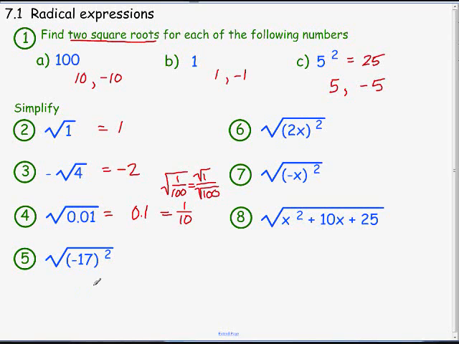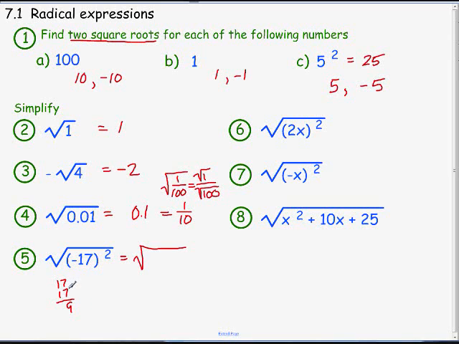Now, this is an interesting one. Ordinarily, what do we say here? We say we can't have a negative number, but this isn't a negative number, is it? It's the square root of, oh my goodness, a negative times a negative is a positive. What's 17 times 17? Excuse me while I do a little manual stuff here.